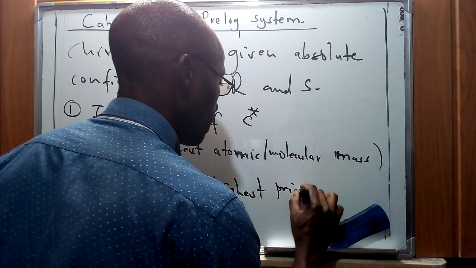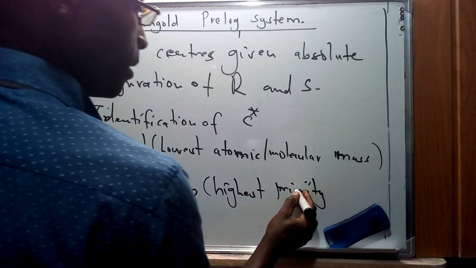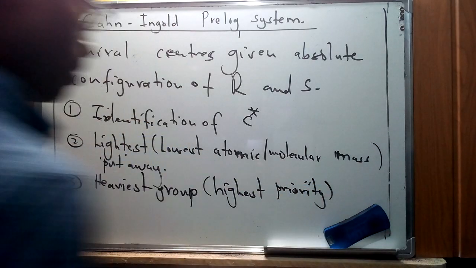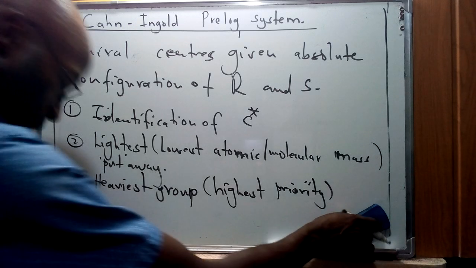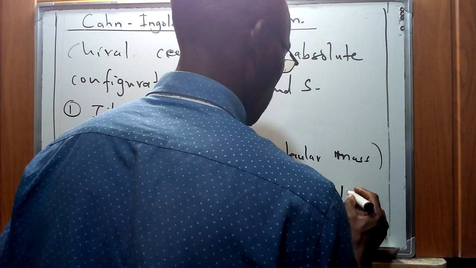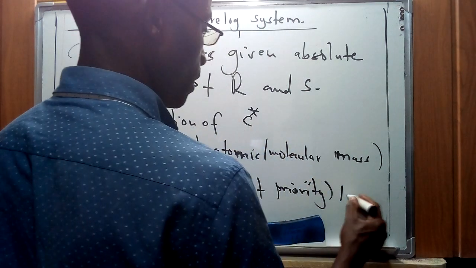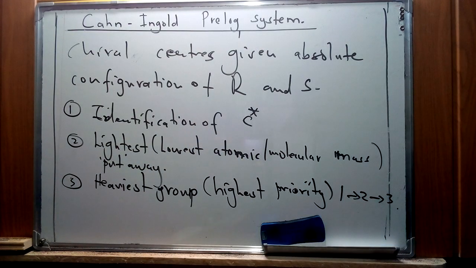In this specific case, we're going to use numerical figures, 1 being the highest priority and the following numbers in that order down to the lowest. Then we give the third heaviest group number 3. So priority number 1 is given to the heaviest, and then number 2, up to the lightest of those specific substituents.